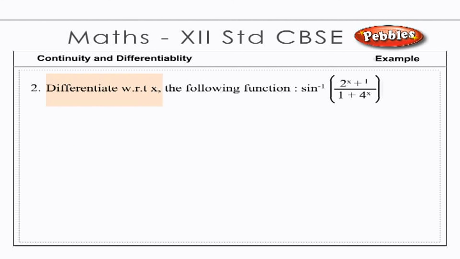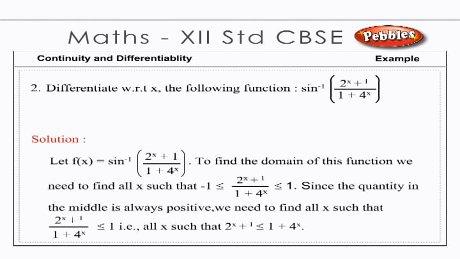Differentiate with respect to x the following function: sine inverse of (2^(x+1))/(1 + 4^x). Solution. Let f(x) = sin⁻¹(2^(x+1)/(1 + 4^x)). To find the domain of this function, we need to find all x such that −1 ≤ 2^(x+1)/(1 + 4^x) ≤ 1.